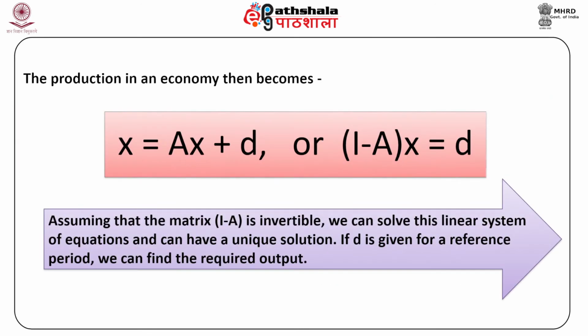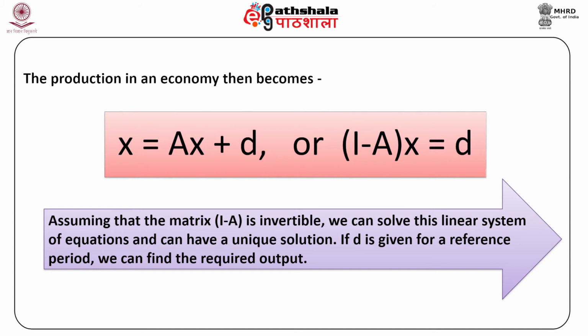Now let A be the coefficient matrix and X be the vector of total output and D be the vector of final demand. The production in an economy then becomes X = AX + D or (I - A)X = D. Assuming that the matrix I - A is invertible, we can solve this linear system of equations and can have a unique solution.